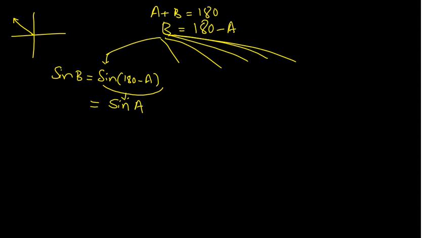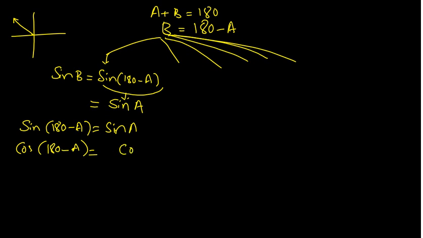This is the important stuff. Sine 180 minus A is sine A. In fact, for everything, cos 180 minus A will also be cos A, but the only question is the sign, the plus or minus. That is decided by the quadrant. Here only sine is positive, so cos should be negative.